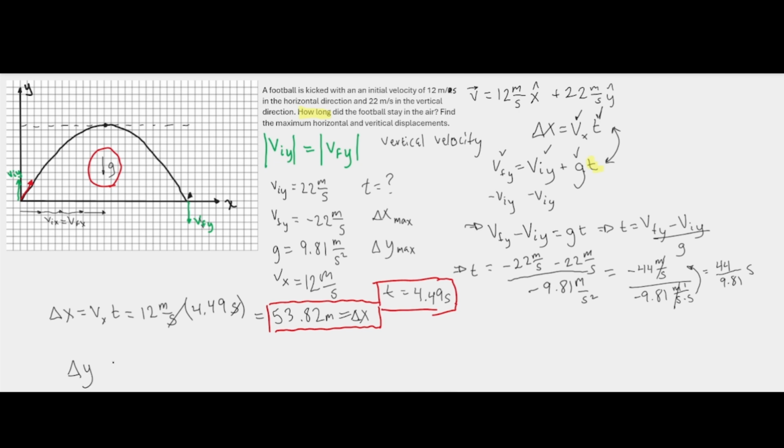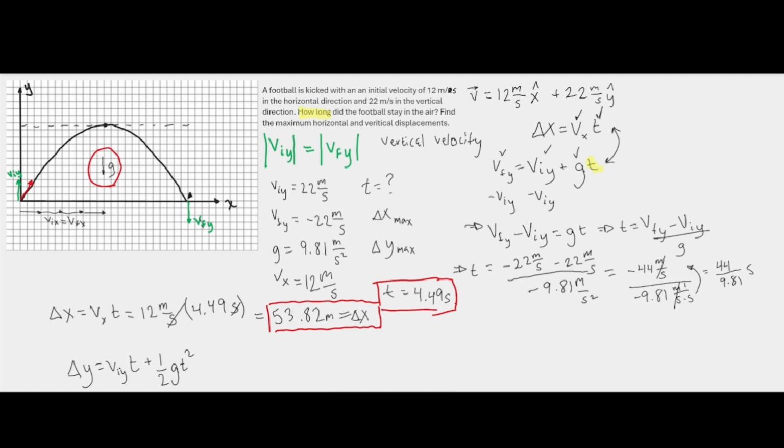We've learned so far it's delta y equals, well, you have now some v initial in the y direction times t plus 1/2 a t squared. And what is a in this case? Well, the acceleration is gravity. So it becomes g.